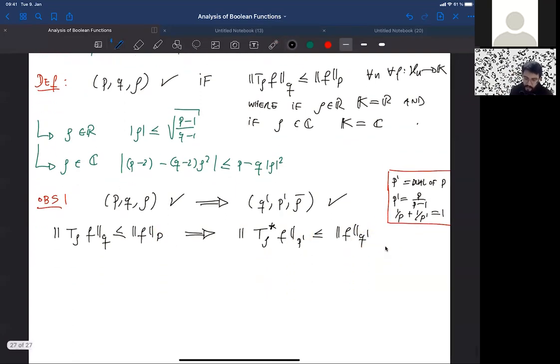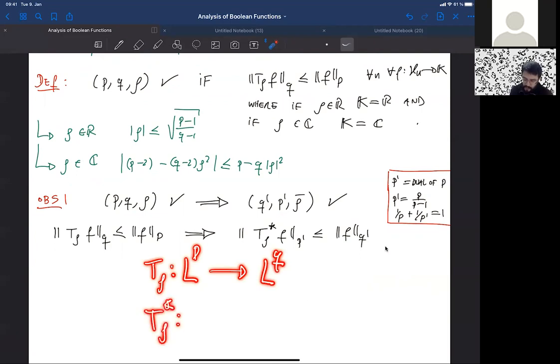So basically what you're doing is the following. We have a map T_ρ going from, say, L^p to L^q, and the adjoint goes then from the dual of the range space to the dual of the domain space.